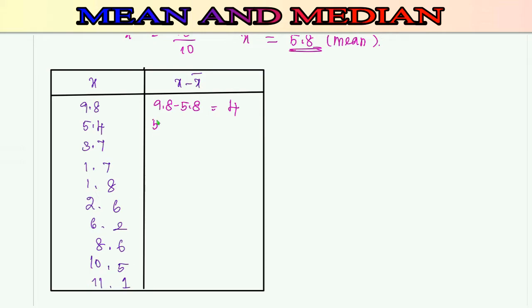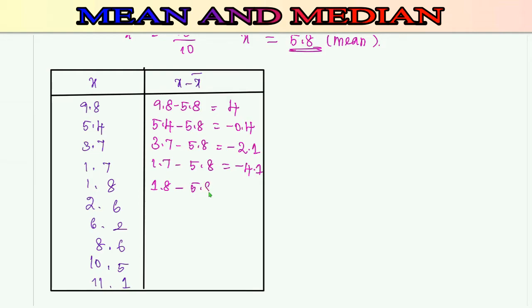The next one, 5.4 minus 5.8 is equal to minus 0.4. 3.7 minus 5.8 is equal to minus 2.1. 1.7 minus 5.8 is equal to minus 4.1. 1.8 minus 5.8 is equal to minus 4. 2.6 minus 5.8 is equal to minus 3.2.